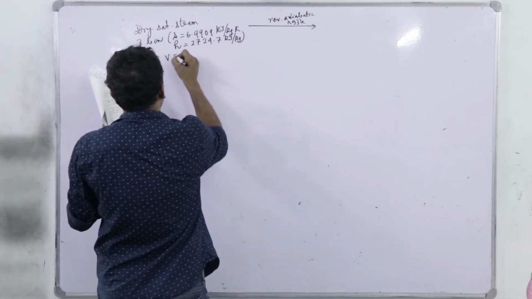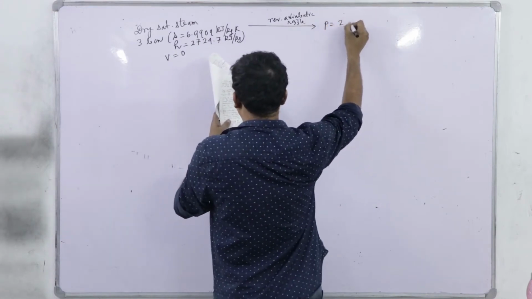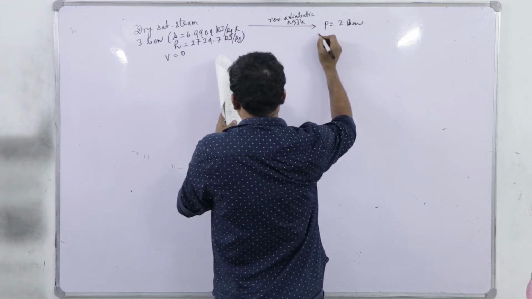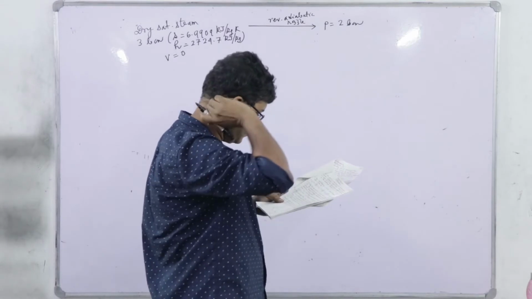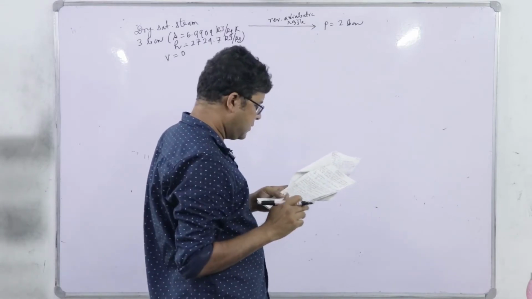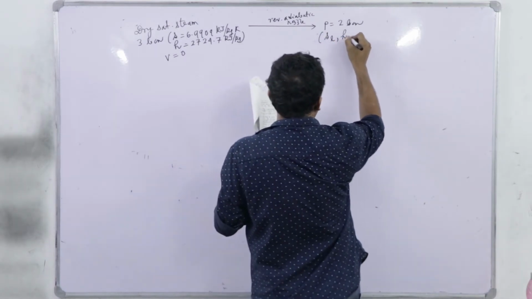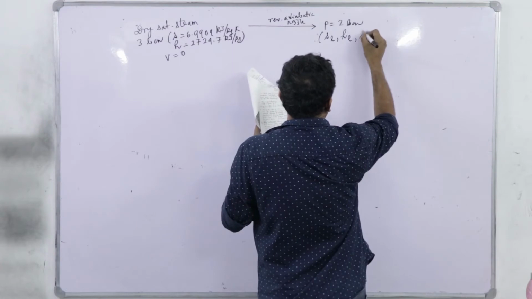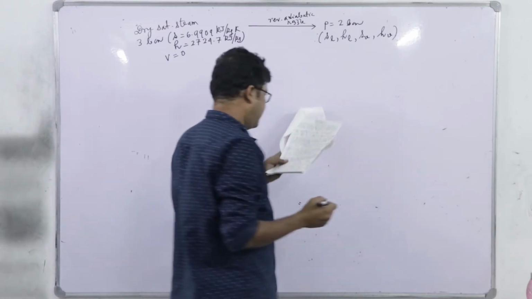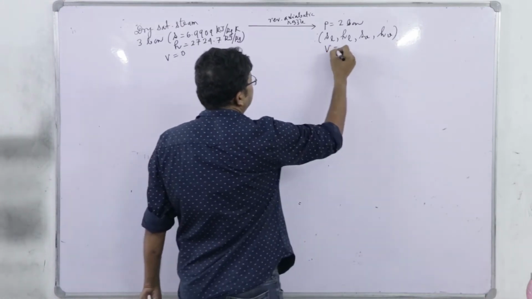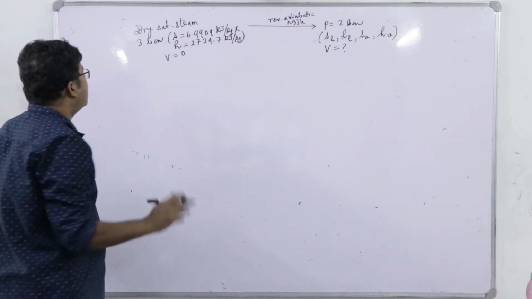Here the velocity is 0 and here the pressure is 2 bar, and at 2 bar what is given, I am not writing the value, liquid entropy, enthalpy, vapor entropy and vapor enthalpy, these are given. And what we have to calculate? The exit velocity, right. Now, you see what will happen.